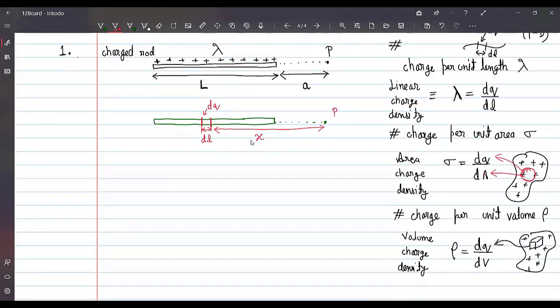Now see, you can directly apply Coulomb's law. Due to this charged length, you can find electric field at point P. Let's call it dE. We write delta for finite change, but what I want is a very small change, means infinitesimal change.